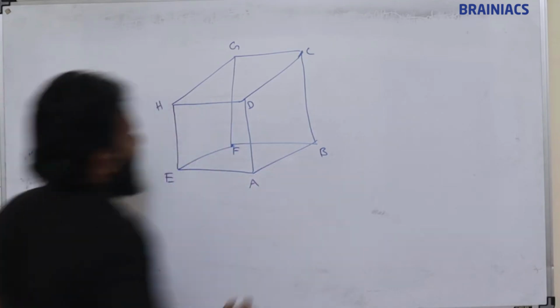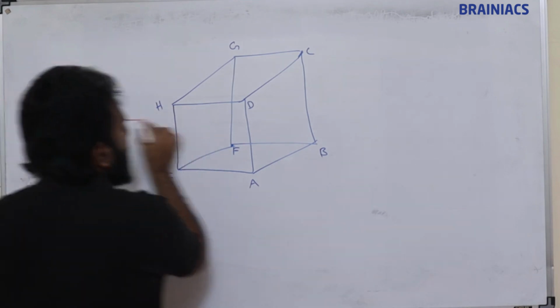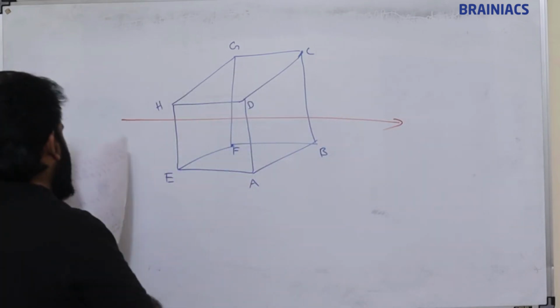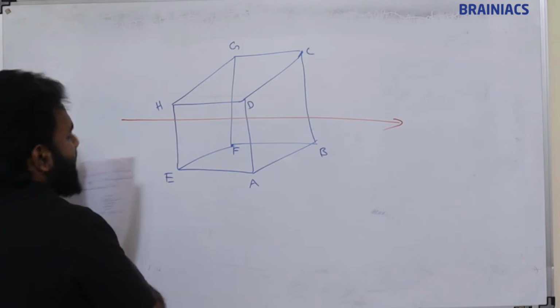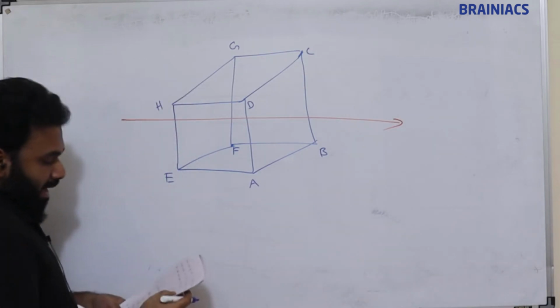Now the magnetic field is passing in which direction? In this direction. So what they are asking is, what is the magnetic flux passing through the face ABCD.